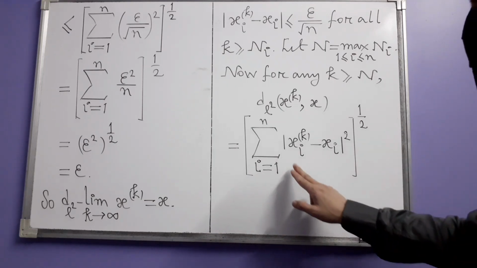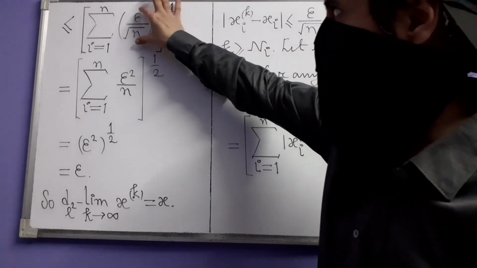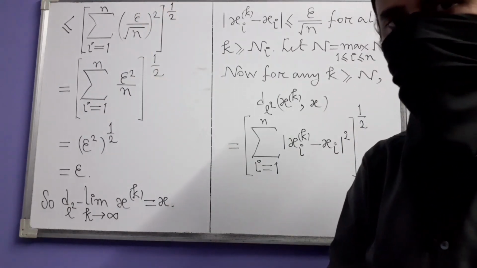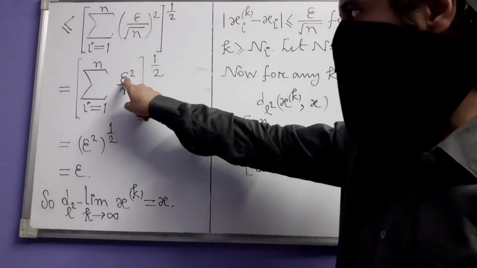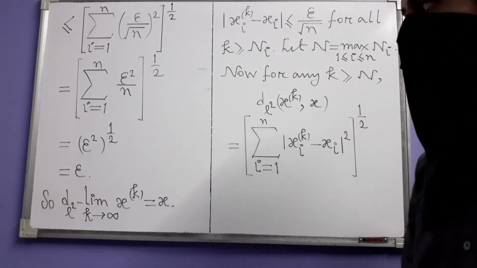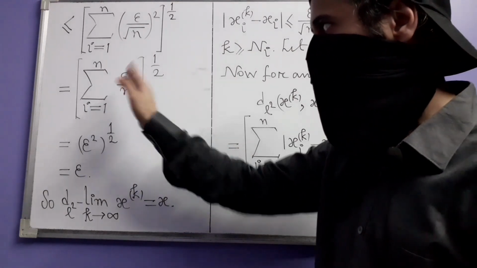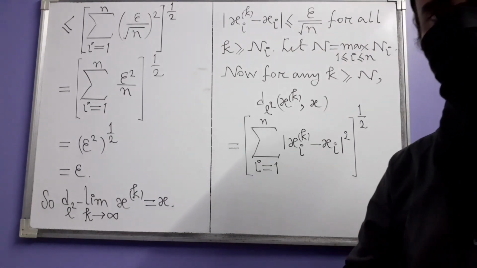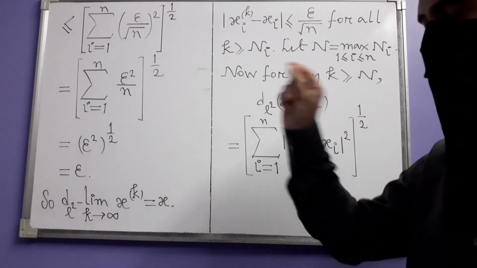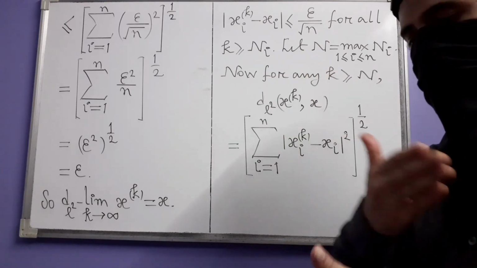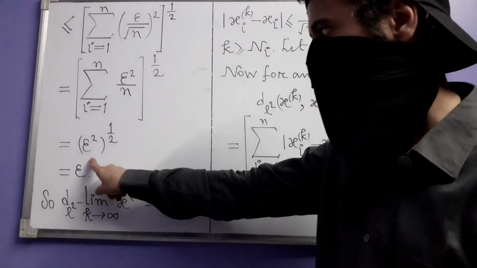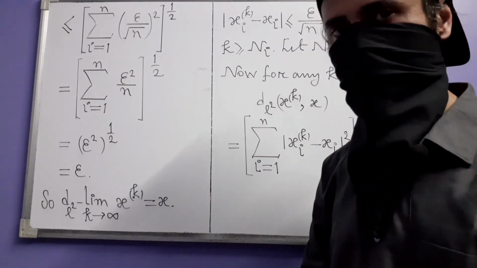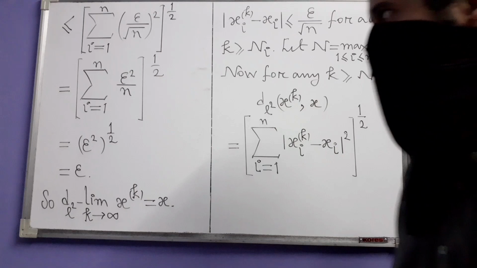Alright. So now all the terms of the sum have become equal to the square of epsilon divided by square root of n, which is just epsilon squared divided by n. So how many terms are there in this sum? n terms, and each term is epsilon squared divided by n. So their sum would be n times epsilon squared divided by n, or epsilon squared. And already we have a square root outside, so this is epsilon.